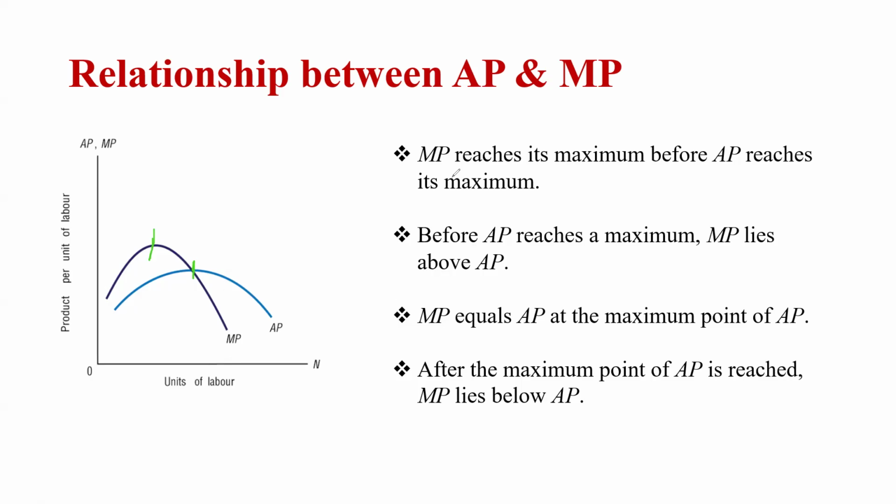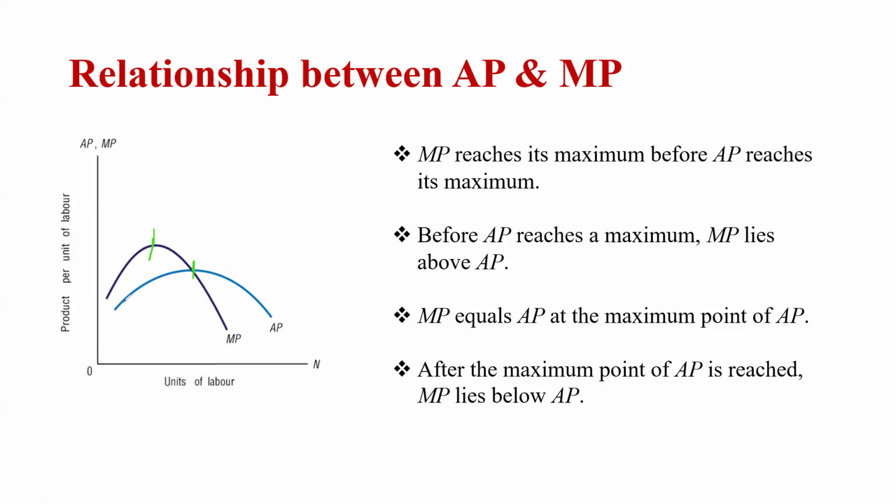So here they're repeating the same thing I said. They say MP reaches its maximum before AP. You can see that marginal product reaches its maximum here before AP, right? Before AP reaches a maximum, marginal product lies above AP. So before average product reaches its maximum, marginal product is above average product.